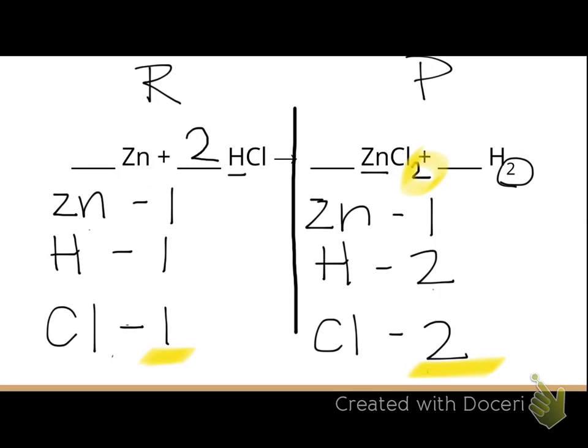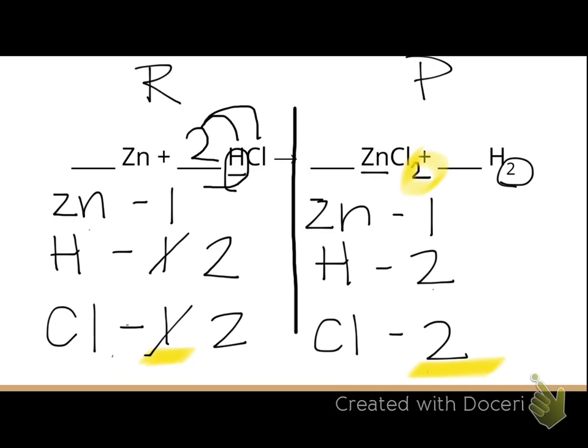So now I don't have 1 chlorine, I have 2. Because what happens, and this is very similar to what would happen if something were in parentheses, this coefficient distributes to everything inside of that compound. So I have 2 chlorines now, but what else do I have 2 of? I have 2 hydrogens now.